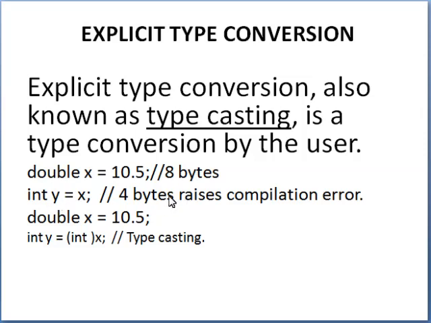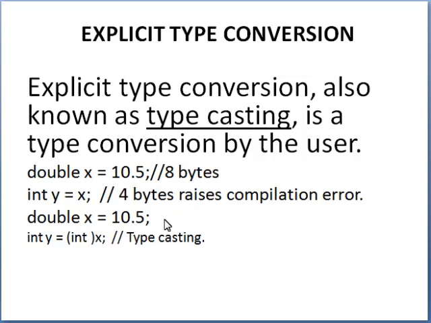So when the code is compiled and executed, it raises a compilation error. The 8 bytes double value is narrowed by the 4 bytes integer value, so it raises an error.